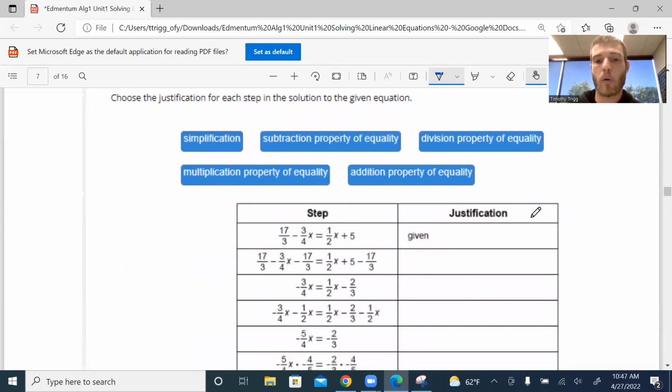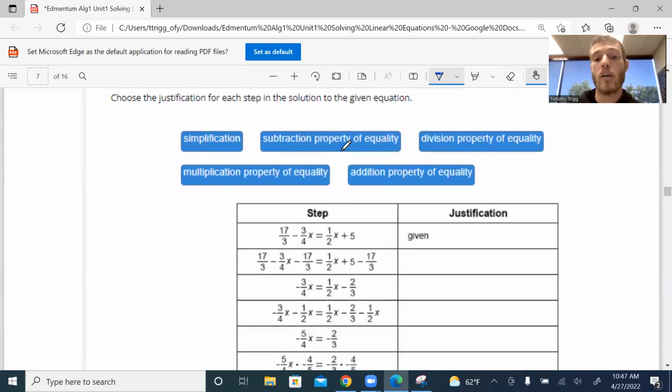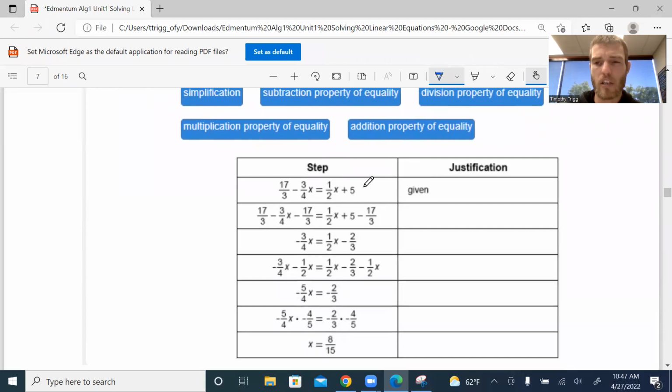Here is one where you have to drag these justifications. Each tile can be used more than once, but not all tiles will be used. Okay, so you can use a tile multiple times. All right, you can see this one's full of fractions. What I would suggest first is multiplying everything by the lowest common denominator, but they didn't do that as their first step.